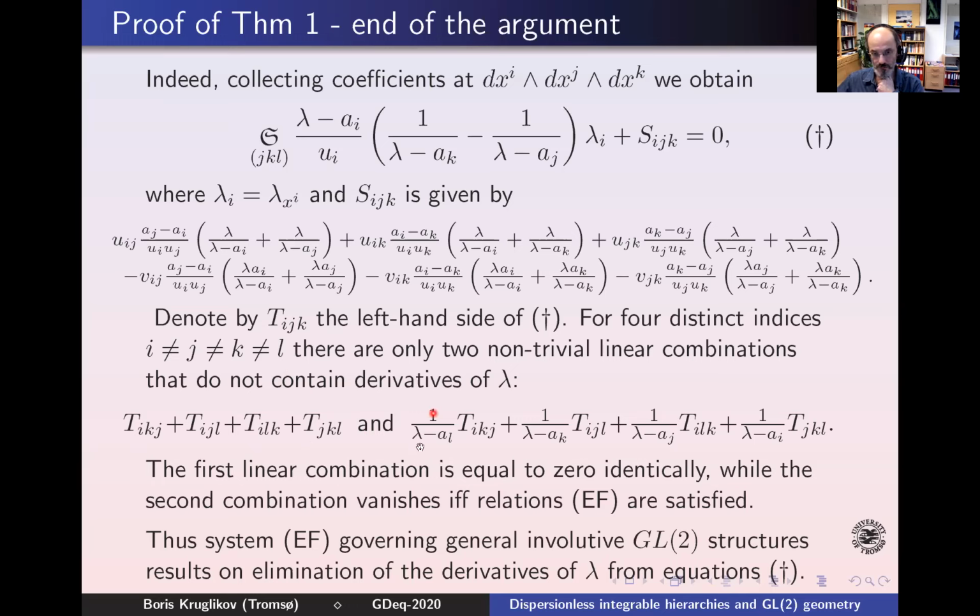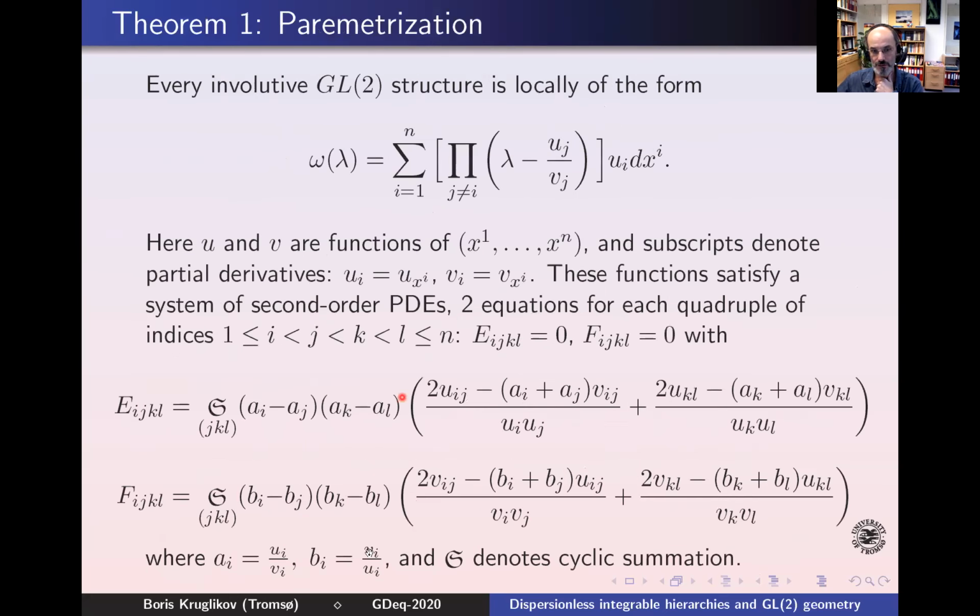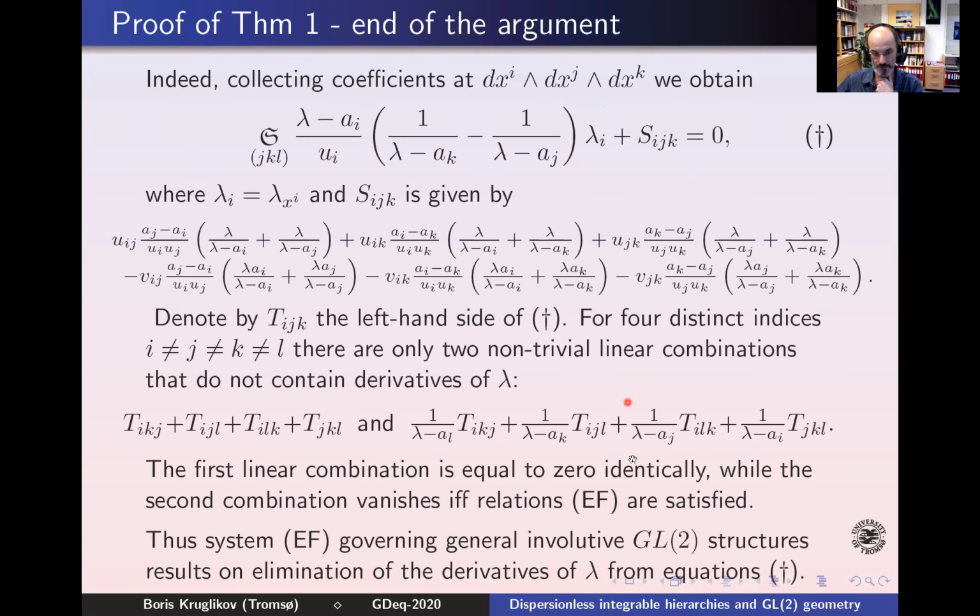But then there's also this combination, which also doesn't contain derivatives of lambda. And it turns out that it's precisely equivalent, if we simplify it, to this system EF, which we had here. And that's more or less the end of the story. So, I didn't say anything about integrability or even compatibility of the system.